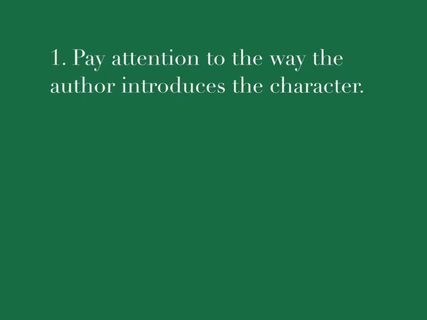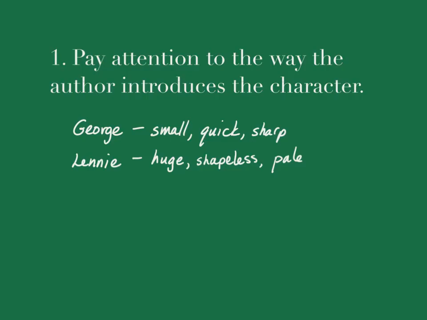And one thing we can pay close attention to is the use of adjectives, those describing words. So some of the words he uses in that opening passage for George are small, quick, sharp. Especially a word like sharp gives you an idea of his intelligence. Quick gives you an idea of quick thinking.